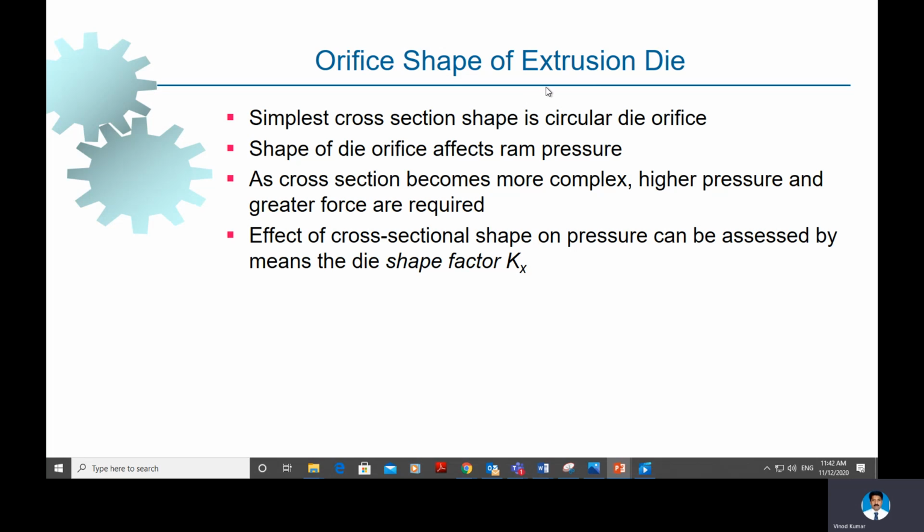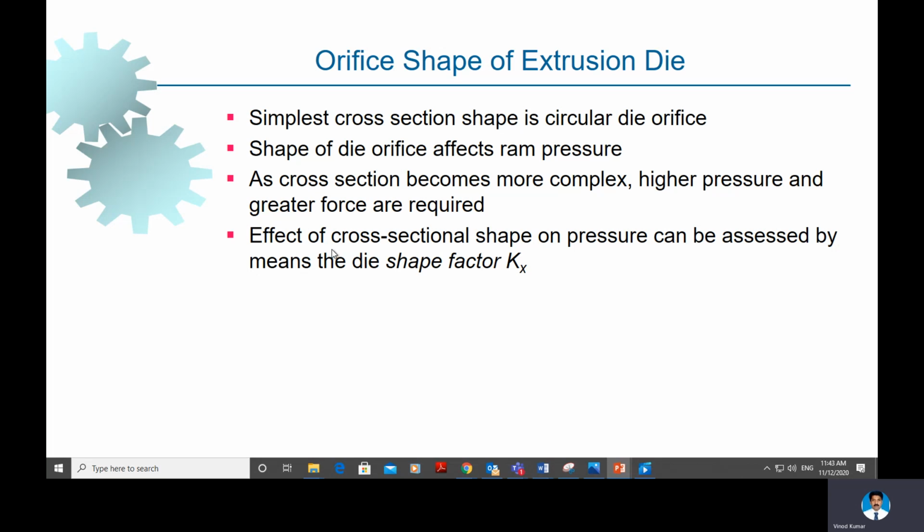Orifice shape of extrusion die. Simplest cross-sectional shape is circular die orifice. But the shape of die orifice definitely is going to affect the pressure or force required for extrusion process. As the cross-sectional shape becomes complicated or complex, higher pressure or higher forces are required for extrusion.